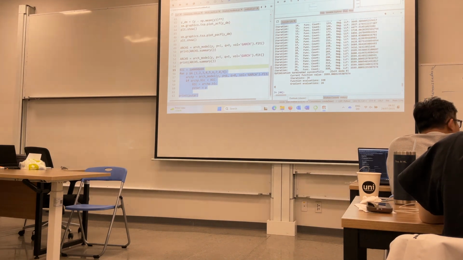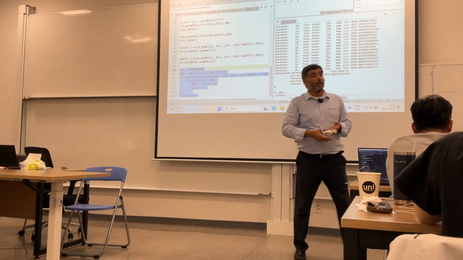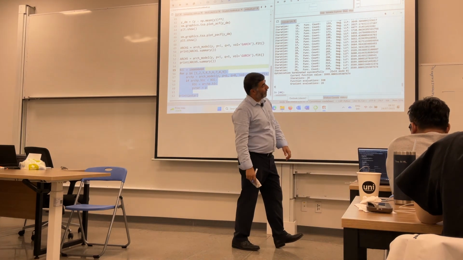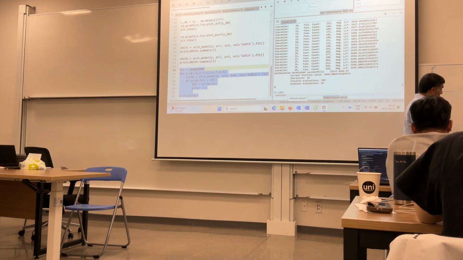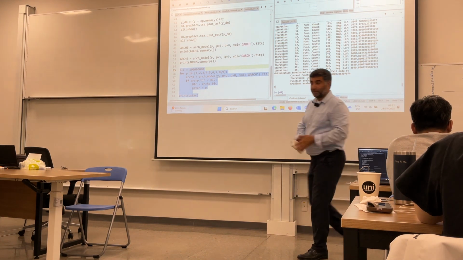Then it becomes a GARCH(1,2). So we have one lag of sigma and two lags of omega.